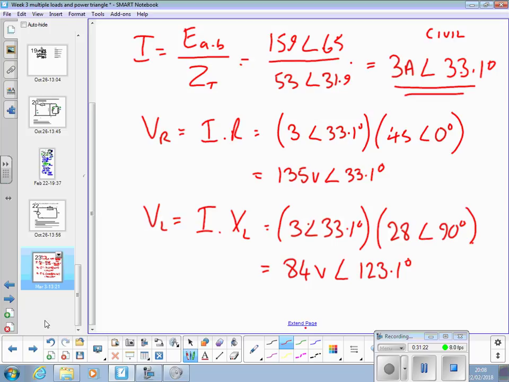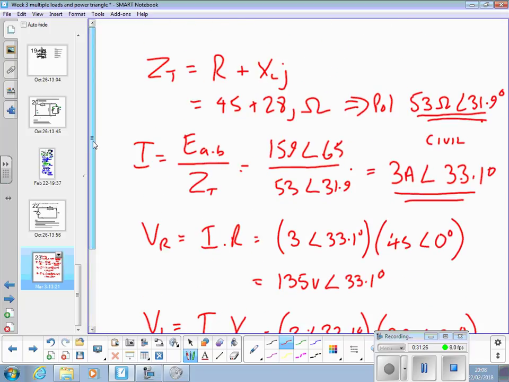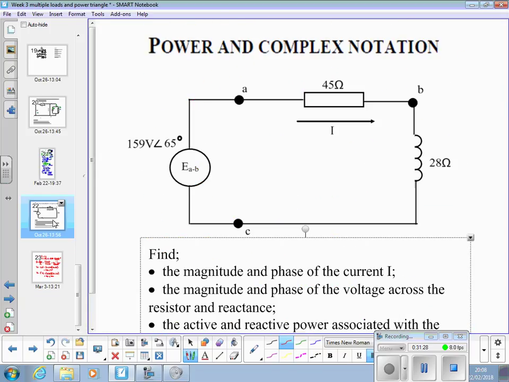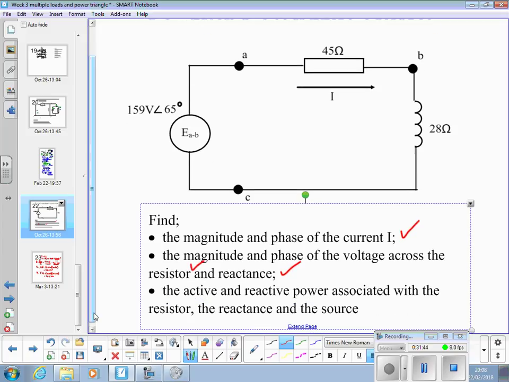So what we found so far from what was asked for in the first place. Let's go back to this. Magnitude and phase of the current I, got that. Magnitude and phase of the voltage across the resistor and the reactance. The active and reactive power associated with the resistor, the reactance, and the source.